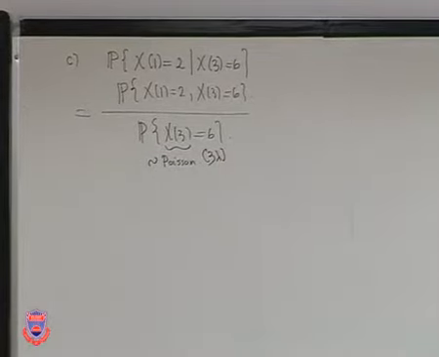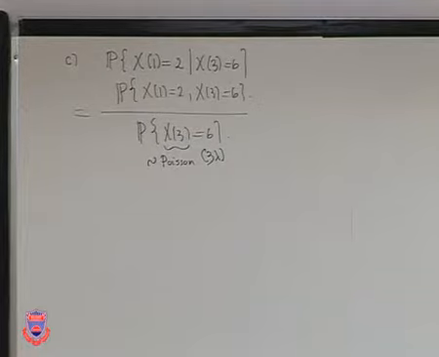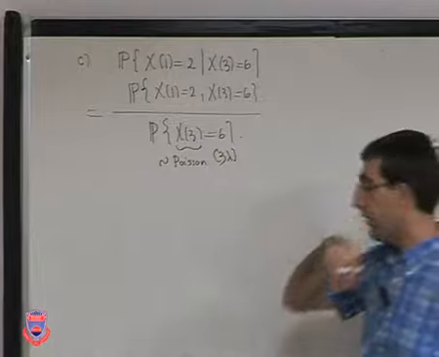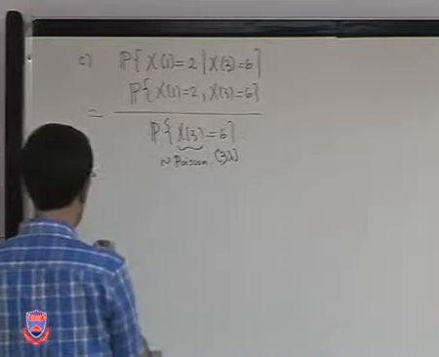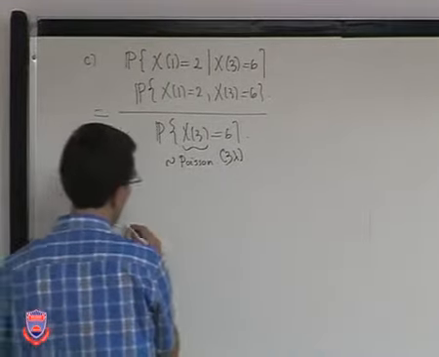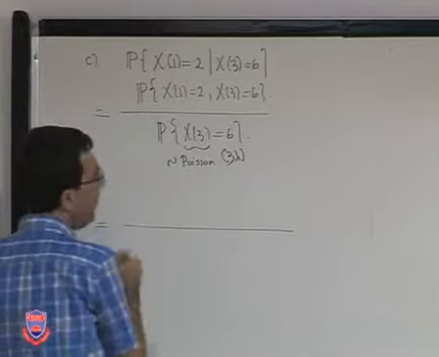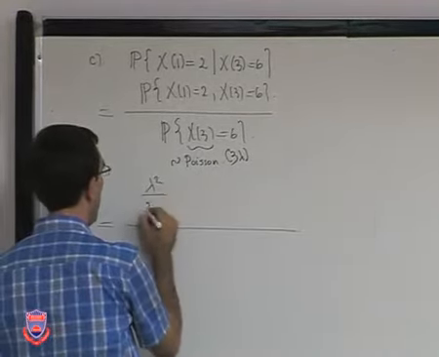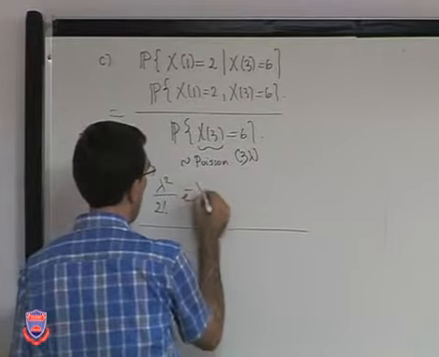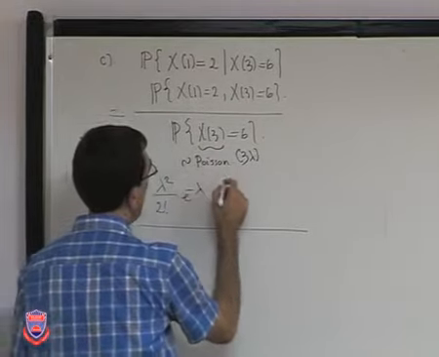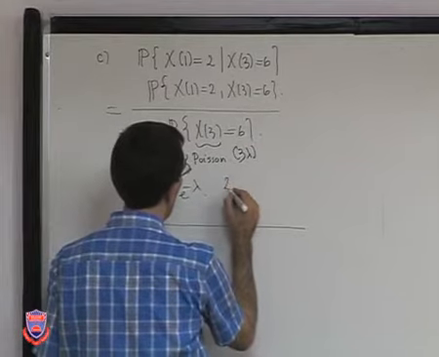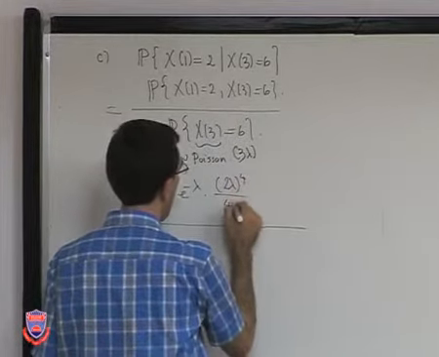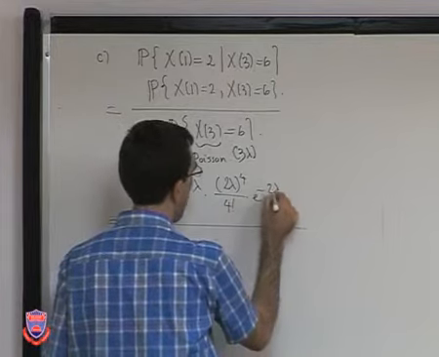Lambda was the expected number of arrivals over a unit interval. Now I have 3 units of interval, so we multiply them. We never forget that. Okay. In the numerator, what do I have? It is lambda squared divided by 2 factorial times e to the minus lambda, times 2 lambda to the power 4 divided by 4 factorial times e to the minus 2 lambda.